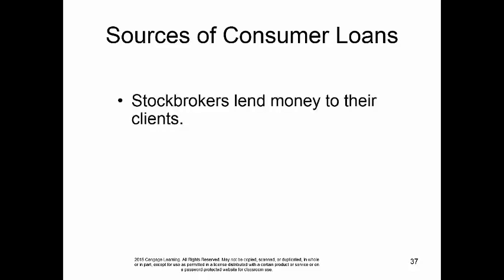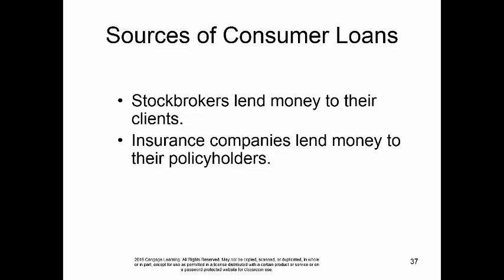Now, other examples: stockbrokers lend money to their clients, and insurance companies lend money to their policyholders. These loans are effectively lending you your own money. So again, something to be aware of.